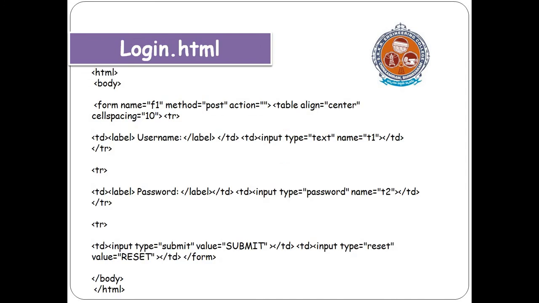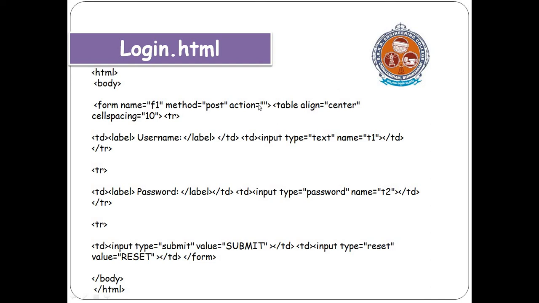Okay, this is the basic forms example. For example, just create login.html. Here the tags are HTML, body, then form name is F1, method equals to post, action equals to empty. That means here method equals to post. Whenever you use the post method, data will be submitted to the server.